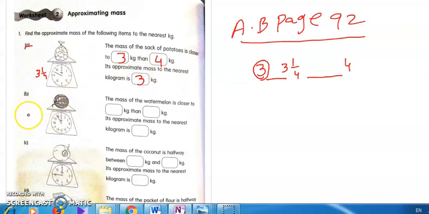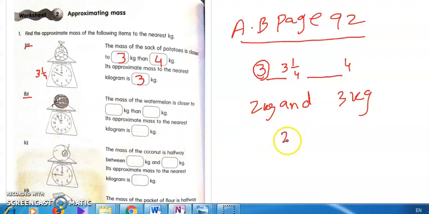Look at the second example. In the second example, the mass of the watermelon is between 2 and 3 kg. But if we look, the scale is pointing at 3/4.